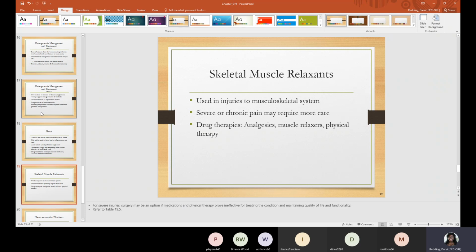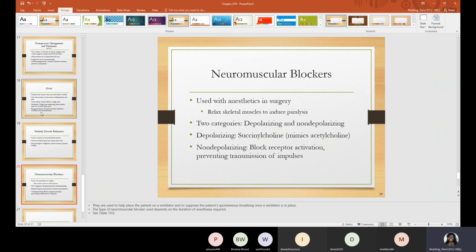And so, in learning about the skeletal muscle relaxers, we will conclude chapter 19 talking about the neuromuscular blockers. For the neuromuscular blockers, these are used with anesthetics and surgery. These work by relaxing the skeletal muscles to induce paralysis.